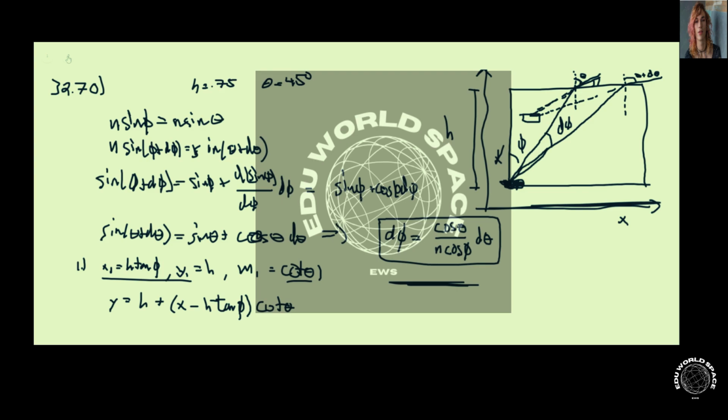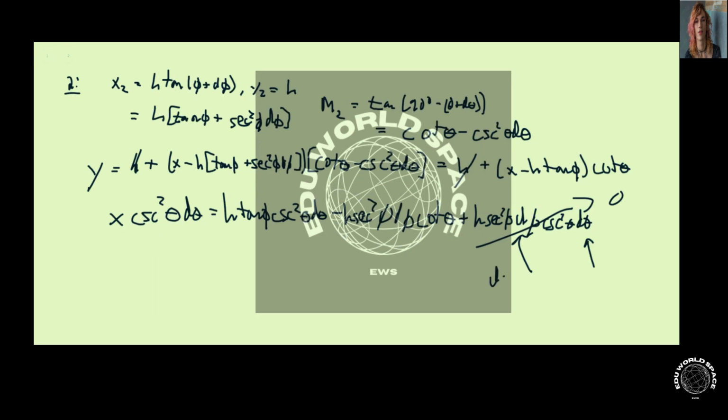So let's write this relationship again. Go to second page. So we have a relationship d phi equals cosine theta over n cosine phi d theta. Cool. So let's use this relationship and plug that in for d phi.